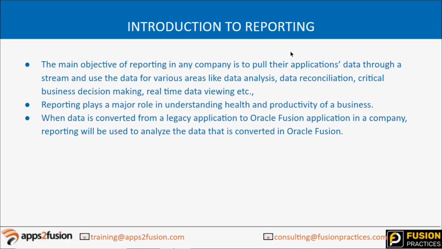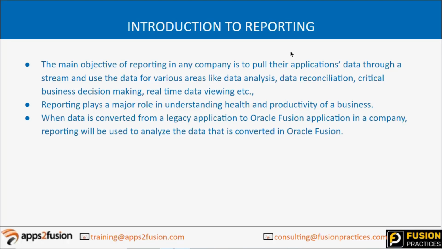Since we have the reporting tools, we can quickly write a BIP query with the conditions. We might have specific columns which we can use to differentiate the converted data, right? So we can use that specific column data in our SQL query, and quickly write a BIP report, or even write an OTBI report to see the converted data.